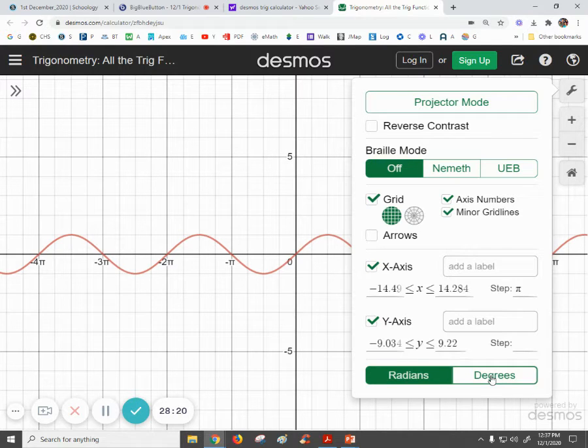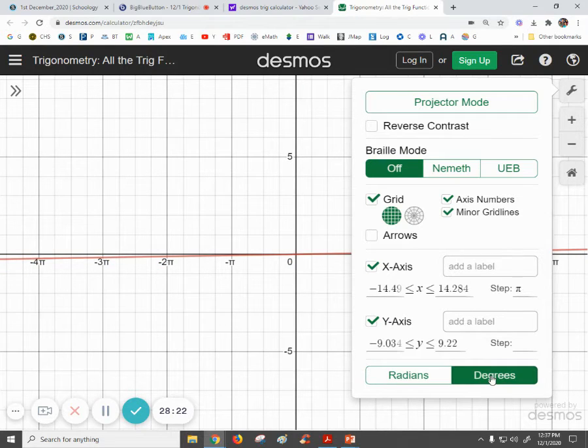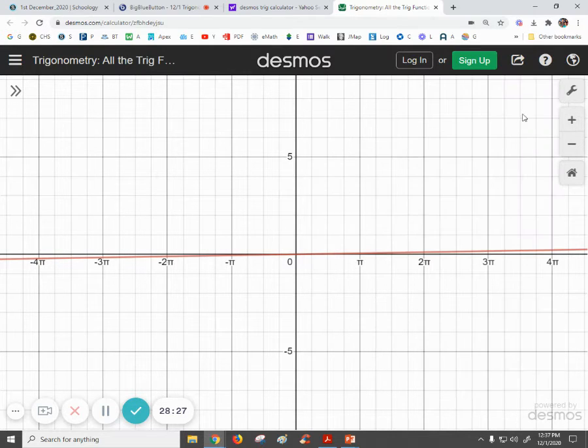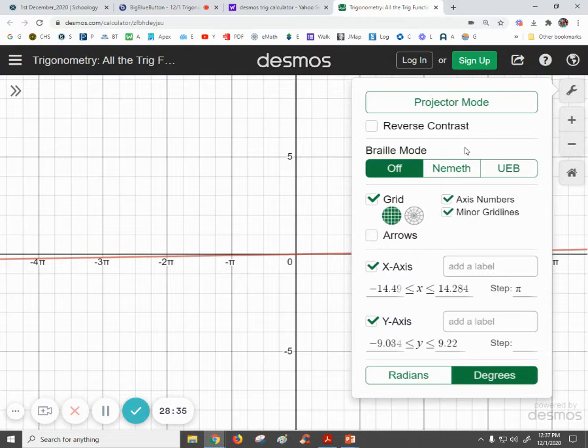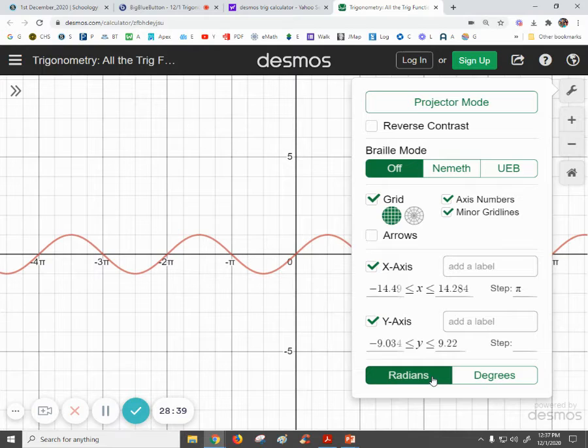You have to switch to degrees. I repeat, you have to switch to degrees. At the top right, you see the graph settings. You click on that and go all the way to the bottom. If it is by default on radians, then you switch to degrees.